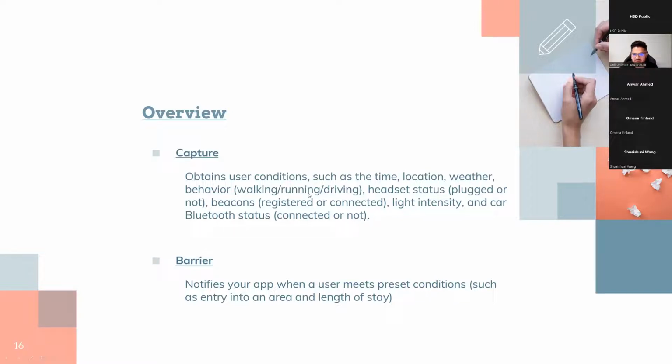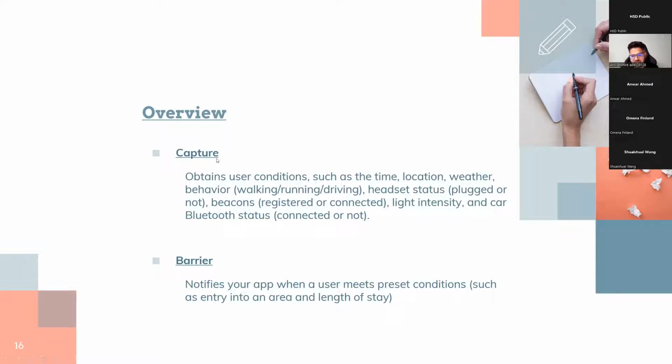Or when the user is detected sitting idle for a long period of time, you can notify the user to move and do some stretching or walking. So it helps provide a more immersive experience, and the user feels more connected to the app. So here there are two options.